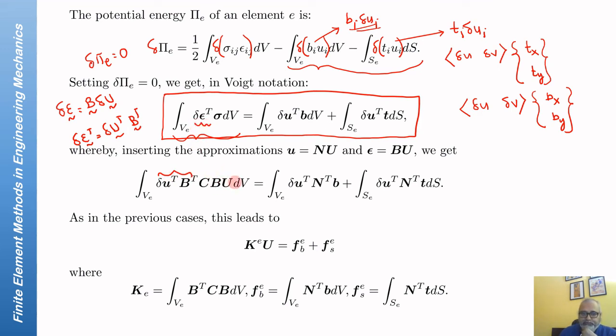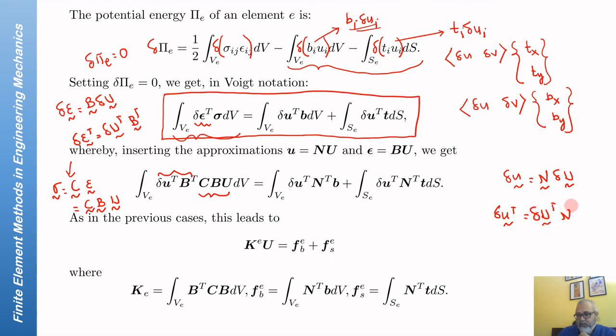Then for sigma, I am using sigma is C times epsilon, and epsilon is B times u. So I am putting in place of sigma this expression. Similarly, delta u is N times delta capital U, which means that delta U transpose is delta capital U transpose N transpose.